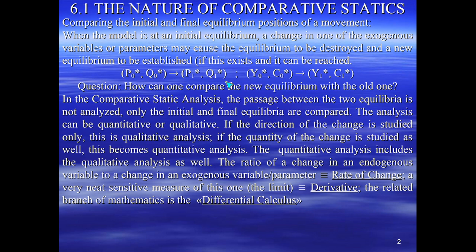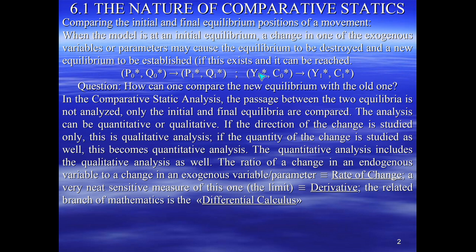You see, in a macro model, for instance, we can have Y0 star, C0 star as the initial equilibrium, and Y1 star, C1 star as the final equilibrium. 0 is initial, 1 is final, star is equilibrium, and Y, the capital Y, as you know, is the national income, and C is the aggregate consumption of a society.